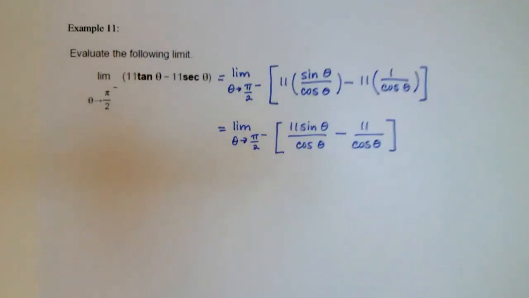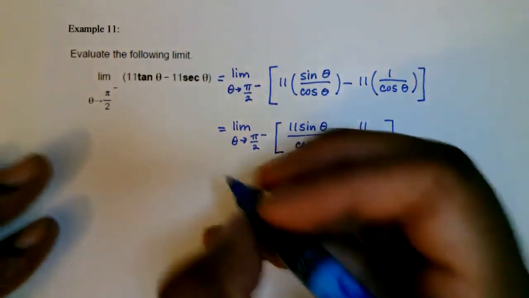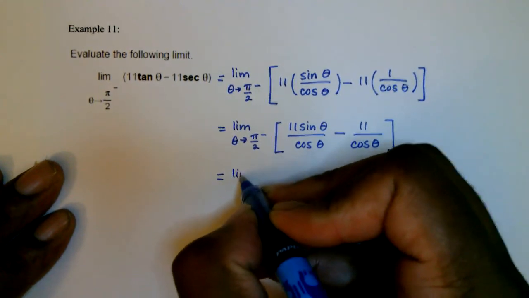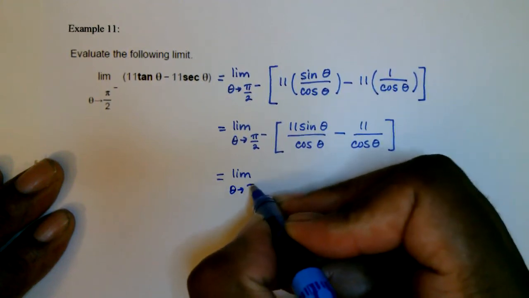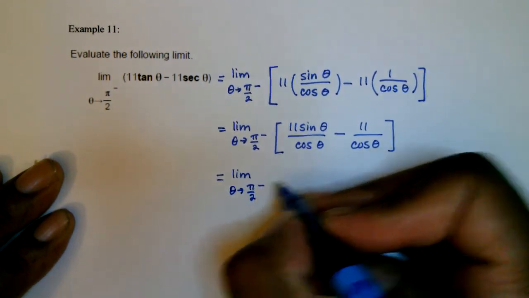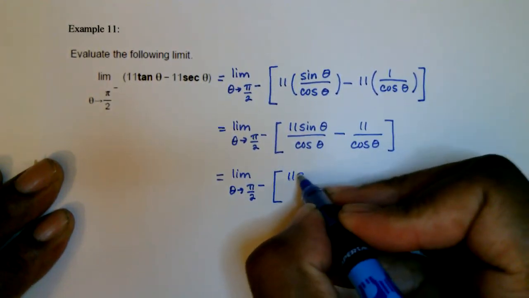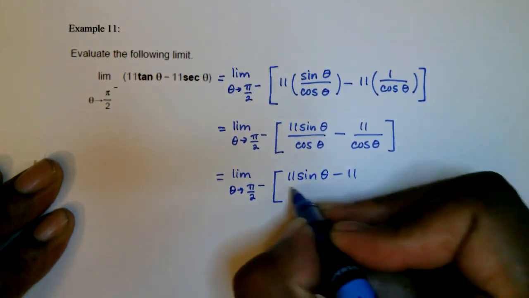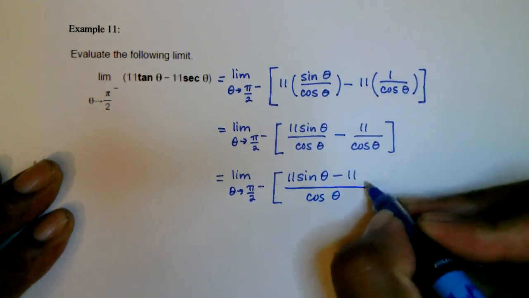And notice when I combine these two, the denominators are exactly the same. So I can write all of that numerator over the single denominator. So I'll bring down the limit as theta approaches pi over 2 from the left of this 11 sine theta minus 11. That whole thing is divided by the cosine of theta.